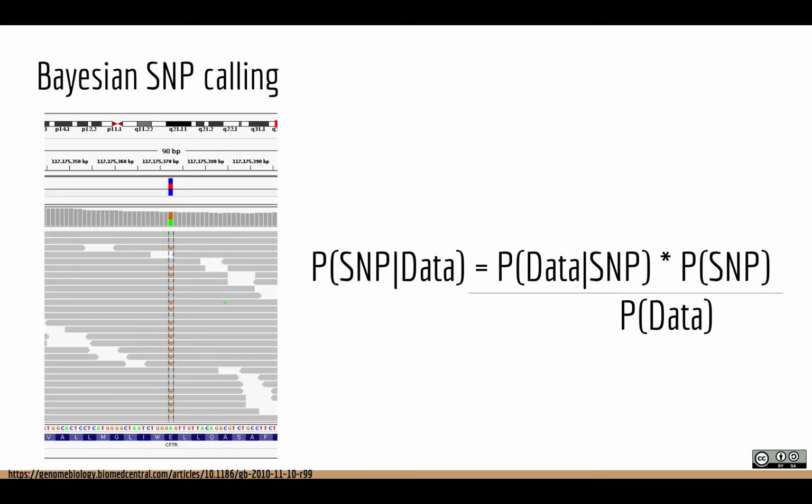Well, then it's going to say, the probability of seeing that data given that there's a real SNP is probably pretty low, or equivalent to the probability of seeing that type of data given that there's no SNP. Right? So if the ratio of those two things is low, then the posterior probability will also be low. And it'll basically say there's very little evidence to believe that that's truly a SNP. Okay.